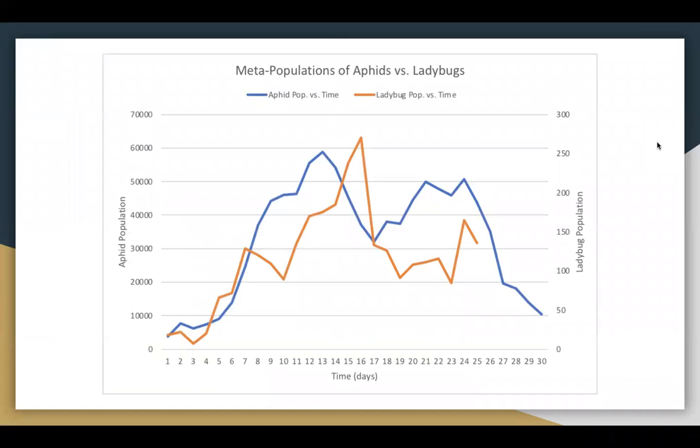Diffusive instability is exemplified in this graph as well, comparing the metapopulations of aphids and ladybugs. The blue line, which represents the aphid population, increases initially, which is followed by a spike with the orange line, which represents the ladybugs. The ladybugs in this scenario are attracted to the aphids, who are acting as activators when their population is higher, which then results in the predation experienced by the aphids increasing.